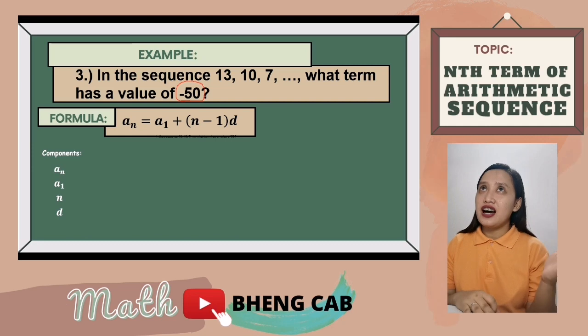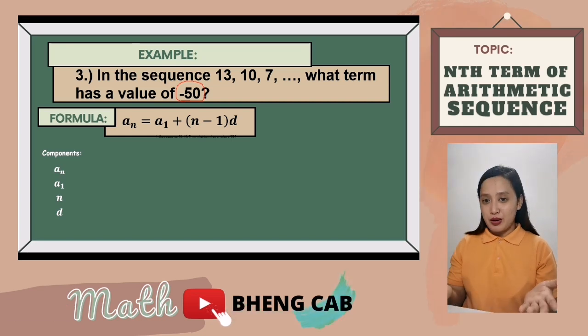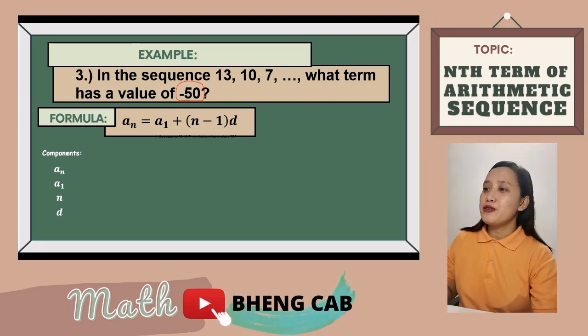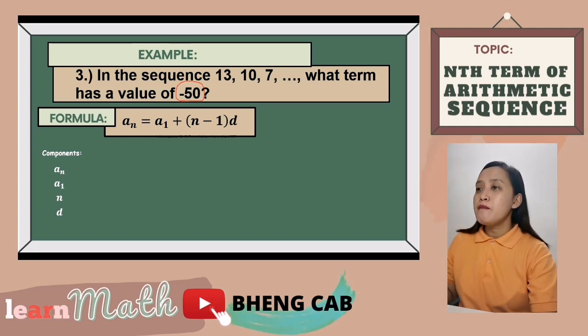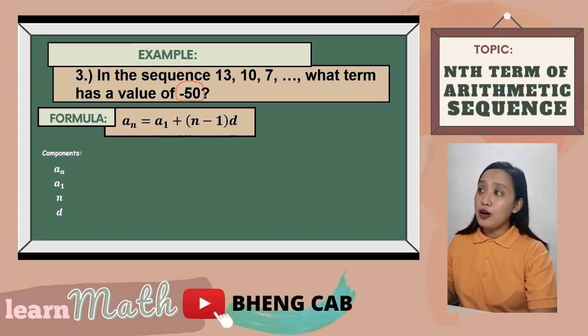Okay, so kung kanina, binigay yung term, ano yung value nun, ngayon naman, binigay yung value, pang ilang term naman siya. Okay? So, in this kind of given, madali lang din siya kasi gagamit pa rin tayo ng arithmetic sequence formula.